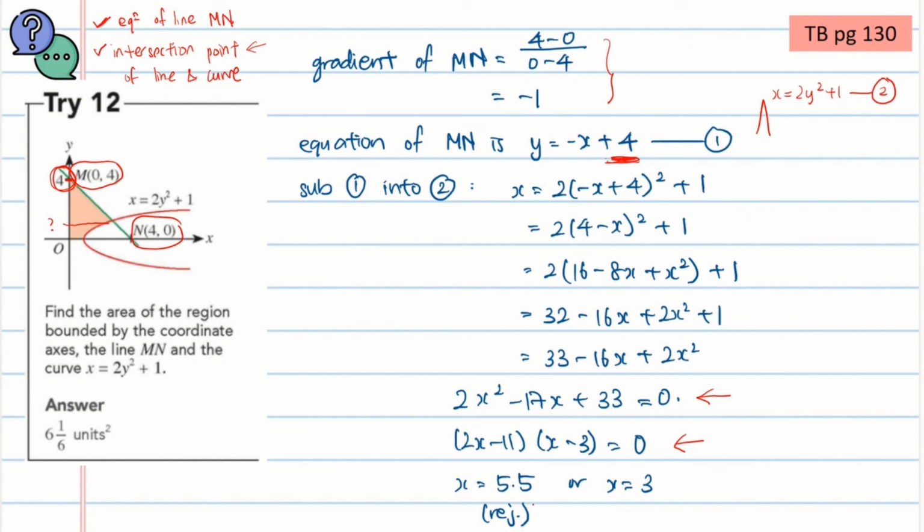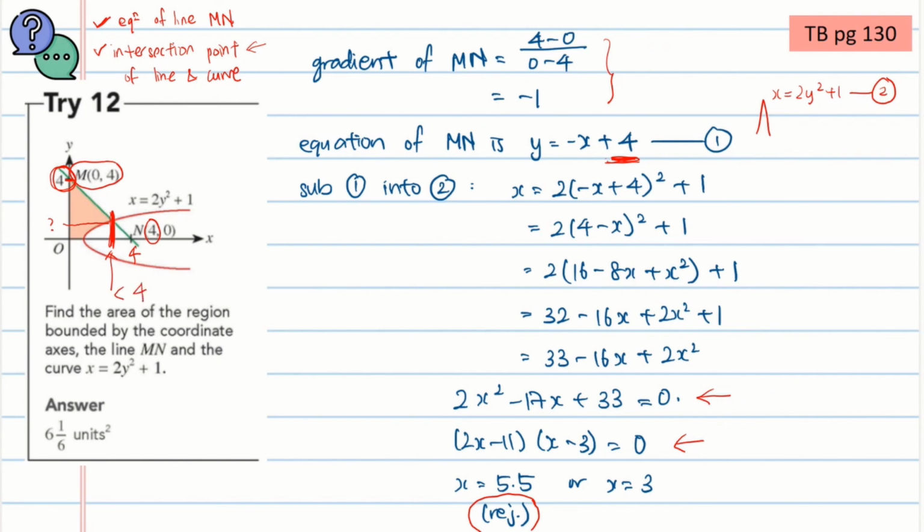Notice over here that I rejected x equals 5.5. Why did I do that? Again, it's due to the context of the question. This intersection point, if you look closely at the question, happens here, and it is actually before your point N. Point N has an x coordinate of 4, so surely this value here must be less than 4.